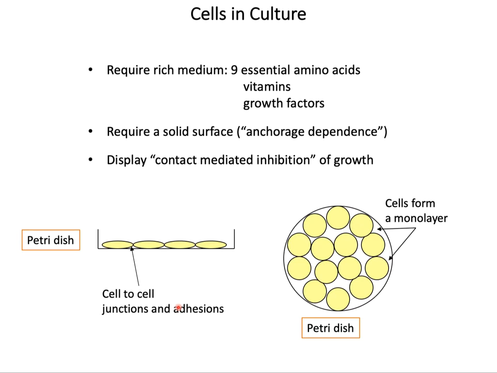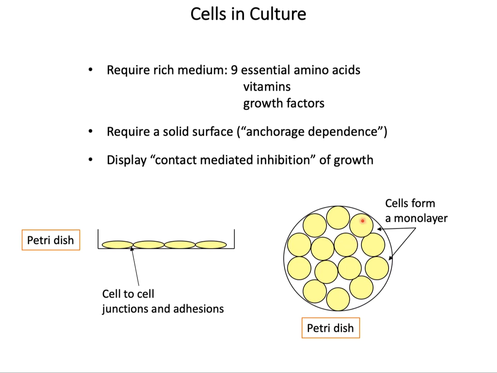Cells in general also require a solid surface to grow on because that mimics their interaction with each other and mimics their interaction with the extracellular matrix that surrounds the cell. This is sometimes referred to as anchorage dependence. So they must adhere to something or be anchored to something in order to grow. And cells in culture, the normal cells in culture, normally display what is known as contact-mediated inhibition.